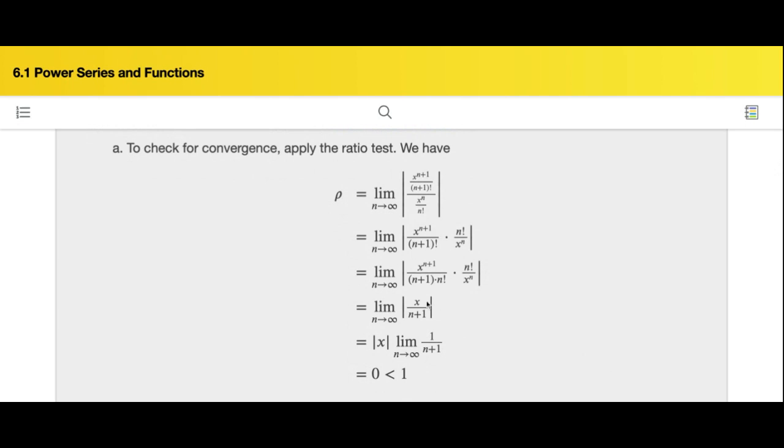Then after the calculation, because the limit only considers n, we can pull the x term outside the limit. Then we have the limit of 1 over n plus 1. When n approaches infinity, that's 0. Well, 0 times anything would be 0.